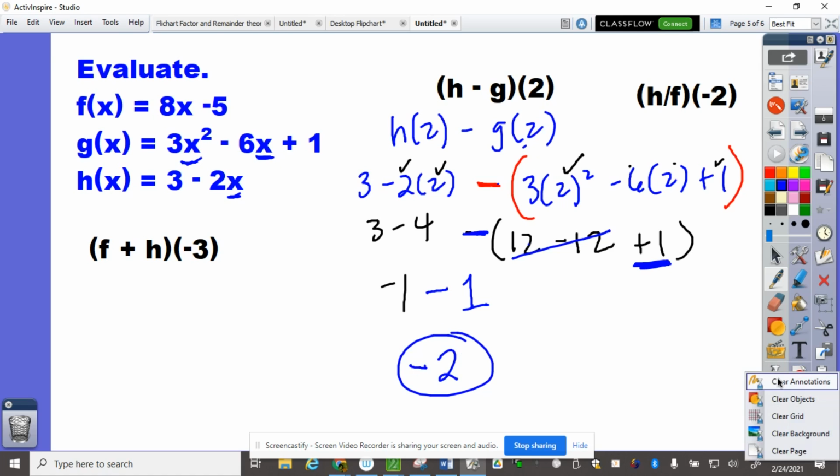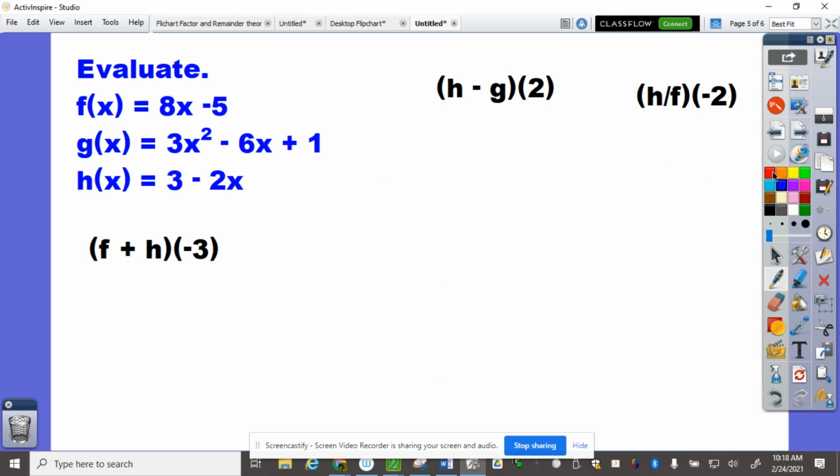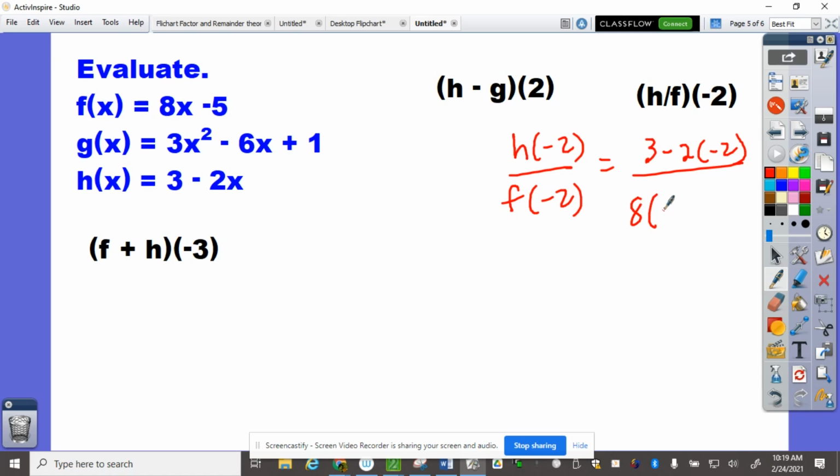Next, h, sorry, h divided by f of negative 2. So h of negative 2 over f of negative 2. So our h of negative 2 is 3 minus 2 times negative 2, divided by f, so that's 8 times negative 2 minus 5.